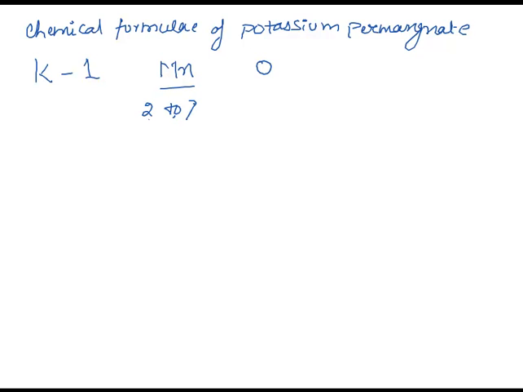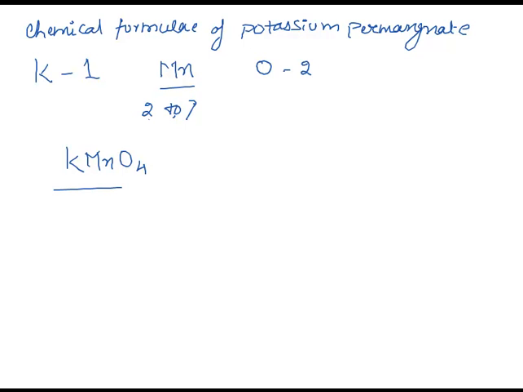And oxygen has the valency 2. Now your potassium permanganate has the formula KMnO4. Remember this formula, students, right?